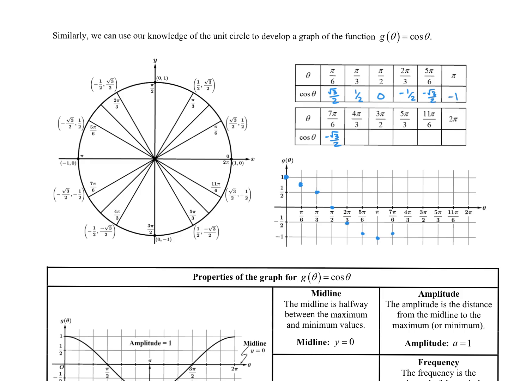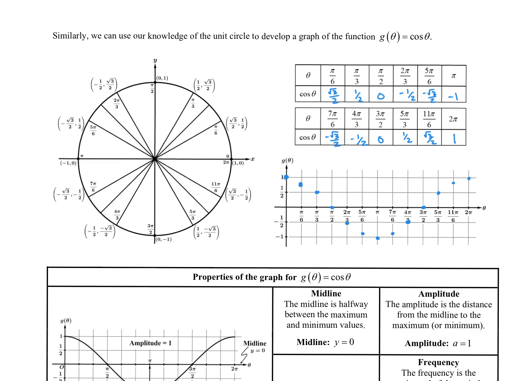And then at 4 pi over 3, we're at negative 1/2. And then at 3 pi over 2, where are we at? 0. Why is it 0 again? It doesn't move left or right, exactly. All right, and then at 5 pi over 3, we're back at 1/2. And then at 11 pi over 6, we're back at square root 3 over 2. And then at 2 pi, we're back at 1.